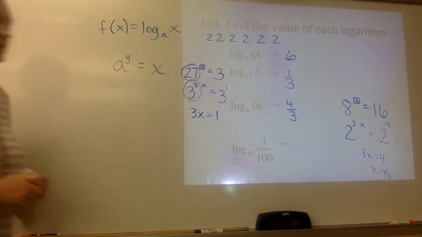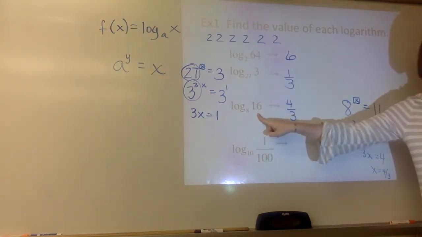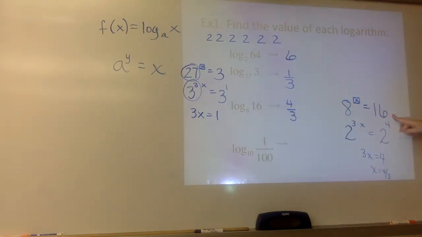All right, so let's analyze the thought process. Does this make sense to you, what I wrote here? This is what they're asking you to do here. This means this, right? So then the next thought you have is, I can't think of an exponent for 8 that's going to give me 16. So then I have to go to a problem-solving procedure. My problem-solving says, let me see if I can convert them to common bases.